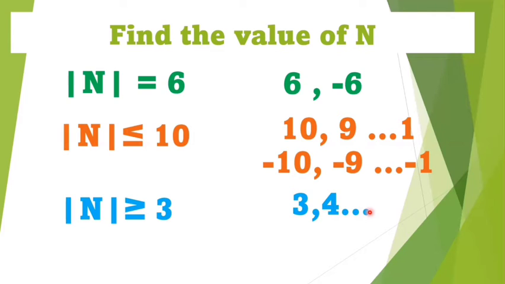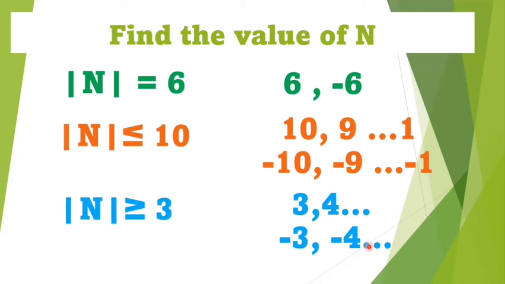And we have here, ayan. We can also write the negative 3 and the negative 4. And so on. Numbers greater than 3. That is how we're going to find the value of n.